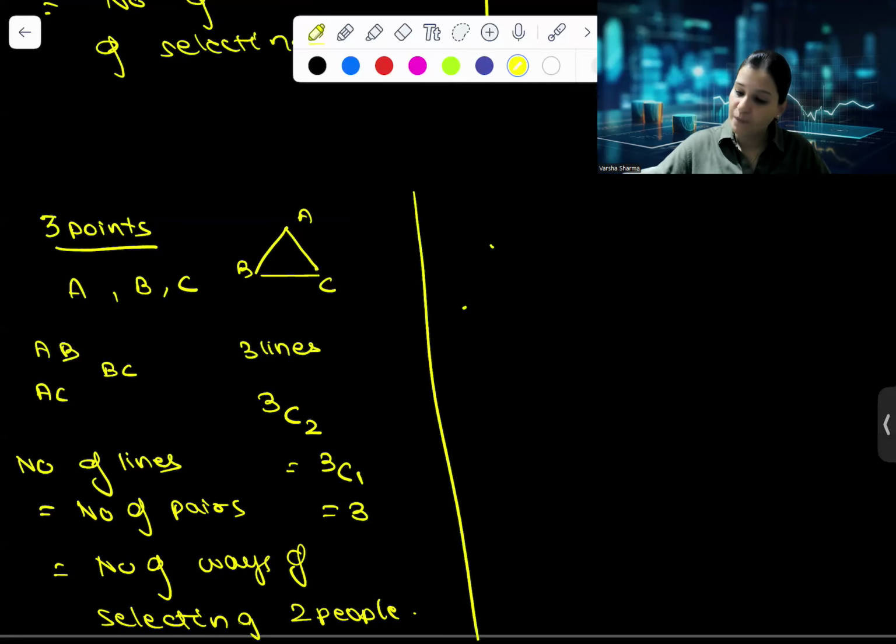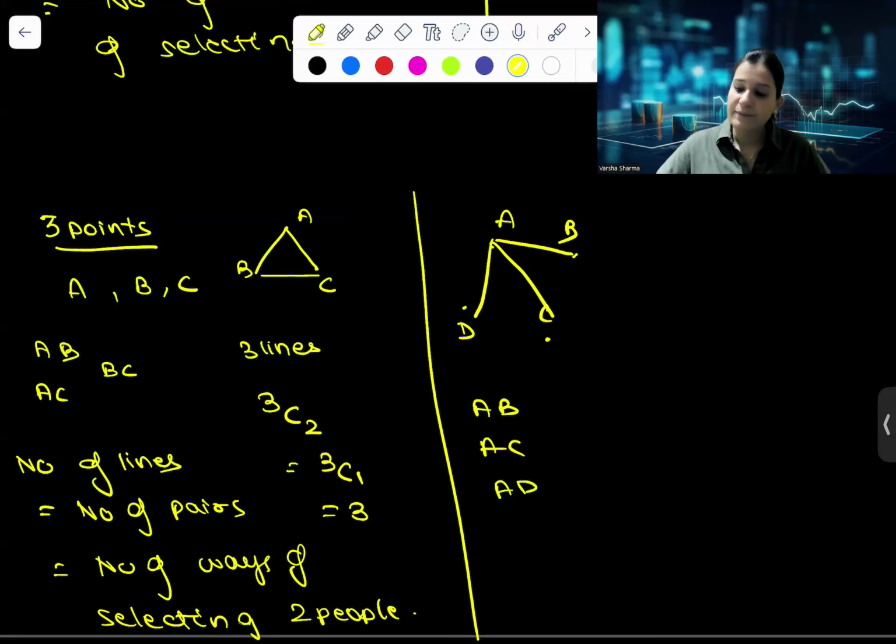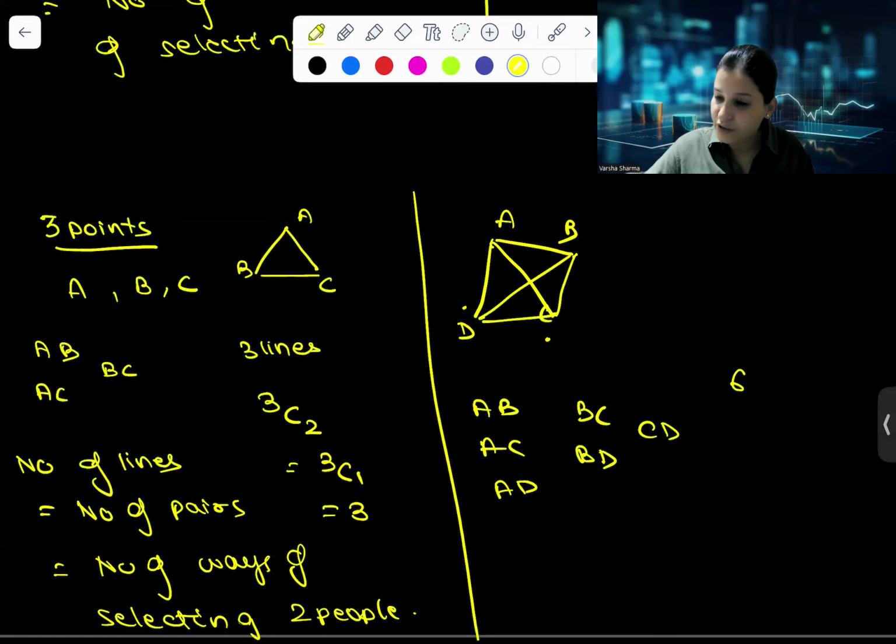If I had 4 points, A, B, C, D, then the lines will be AB, AC, AD. Again, BA is not needed. So BC, BD, then CD. So in total, I have 6 lines, which we can see geometrically. So again, in the case of lines, I'm basically forming pairs.